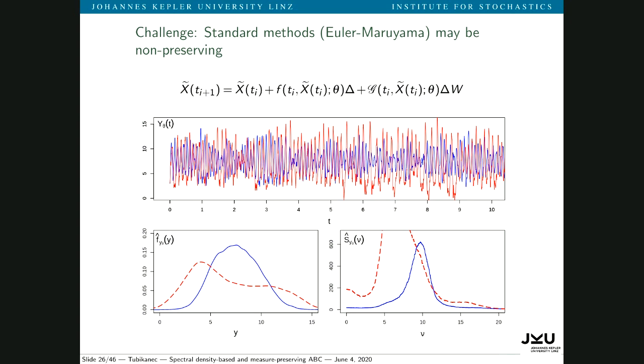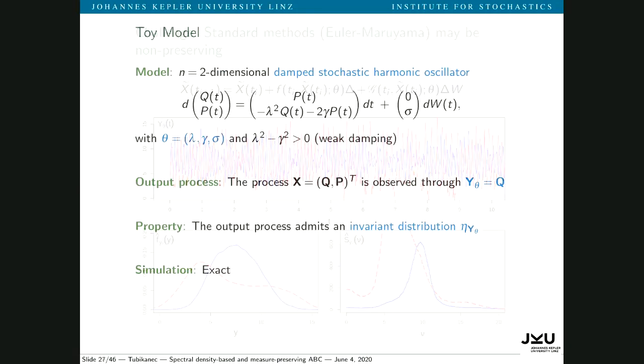So I'd like to show how this fact can influence ABC results. We will do this by looking at a toy model, and we will have a look at the ABC algorithm when we apply exact simulation of the data, measure preserving data simulation, and a non-preserving Euler-Maruyama method.